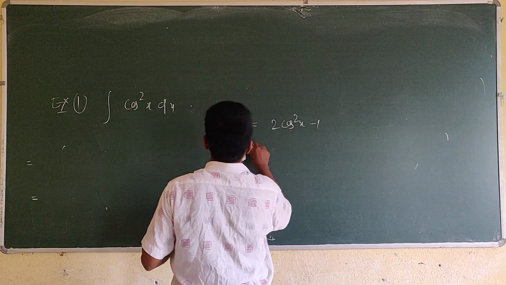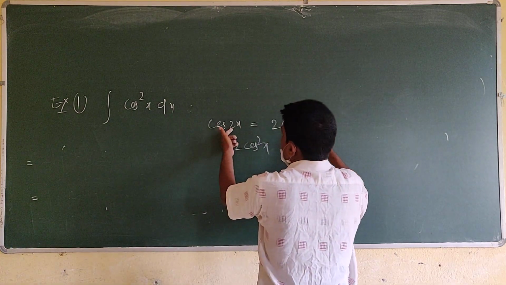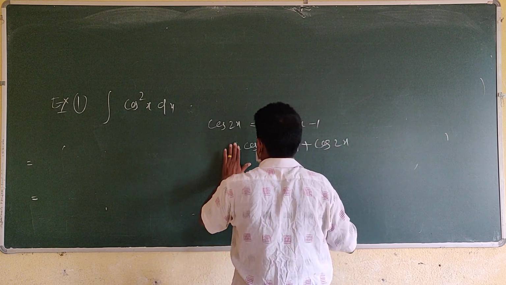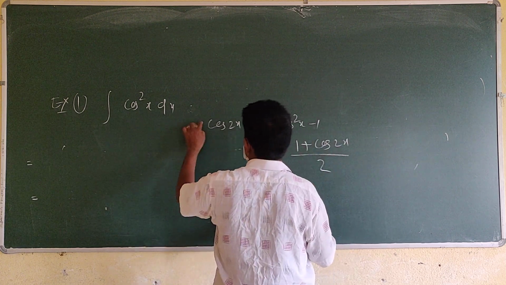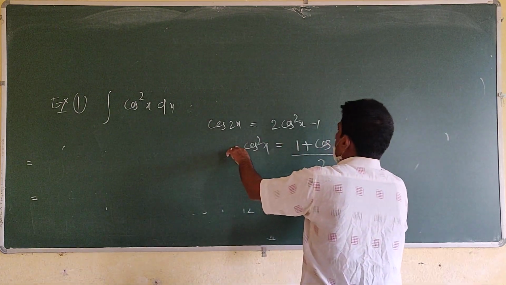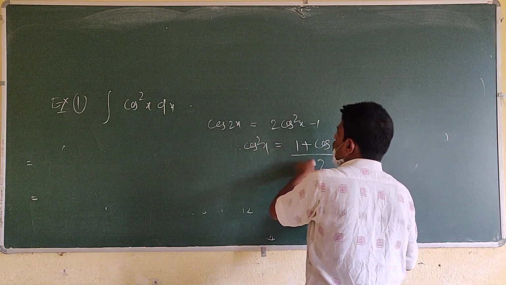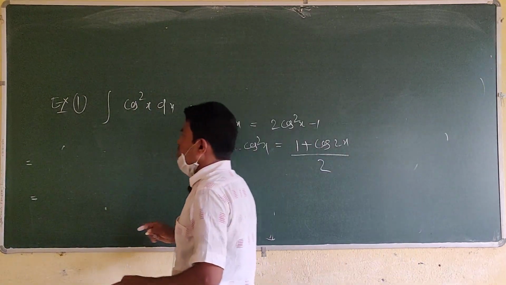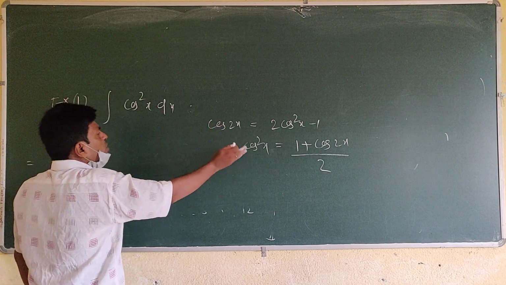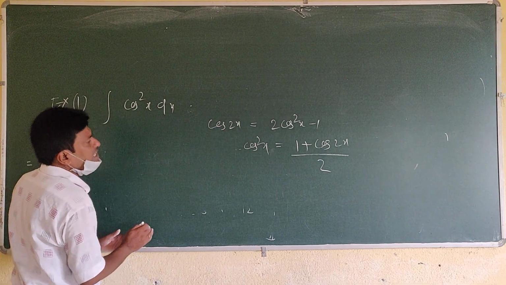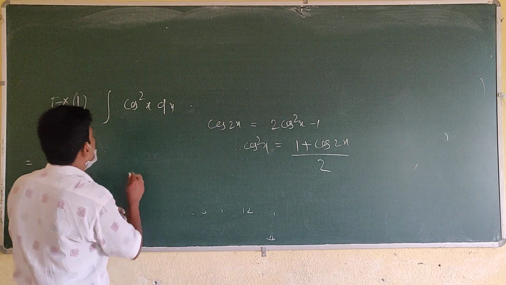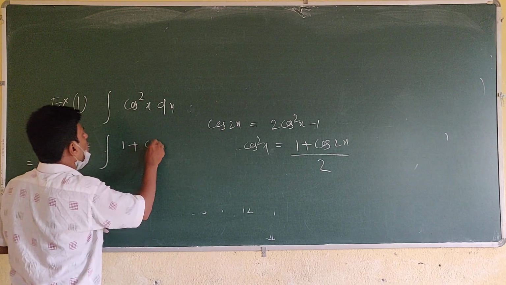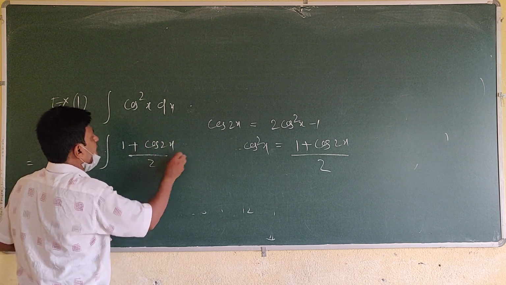So 2 cos square x is equal to 1 plus cos 2x, so cos square x is equal to 1 plus cos 2x by 2. Instead of cos square x, you can write 1 plus cos 2x by 2. You look how I am solving using purely trigonometrical formulas. Those who are strong in trigonometry can easily solve. So cos square x becomes 1 plus cos 2x by 2 dx.